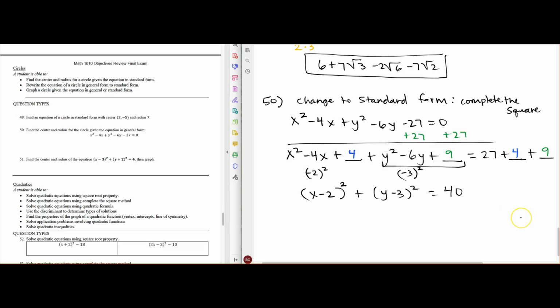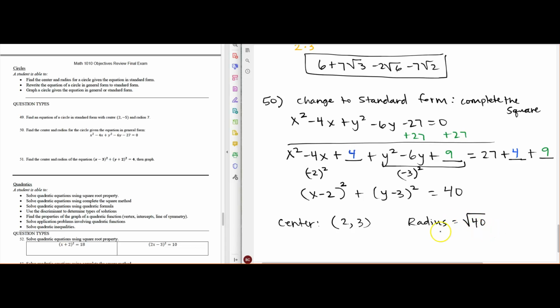So what would my center be for this? 2, 3. Yeah, remember, insiders are liars. So we've got 2, 3. And then the radius is not 40, but the square root of 40.